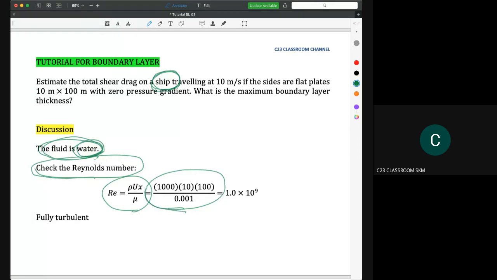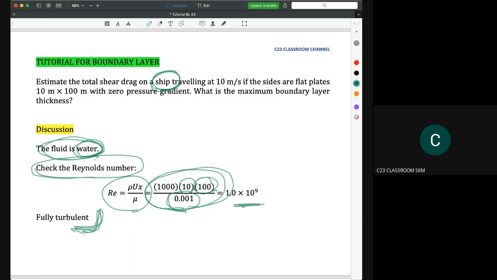I take the simple ones: 1000 kilograms per meter cubed for density, and 0.001 for mu. The speed is 10 meters per second, and 100 is the length. I found that the Reynolds number is 1 times 10 to the power of 9, so I could assume that it is fully turbulent.